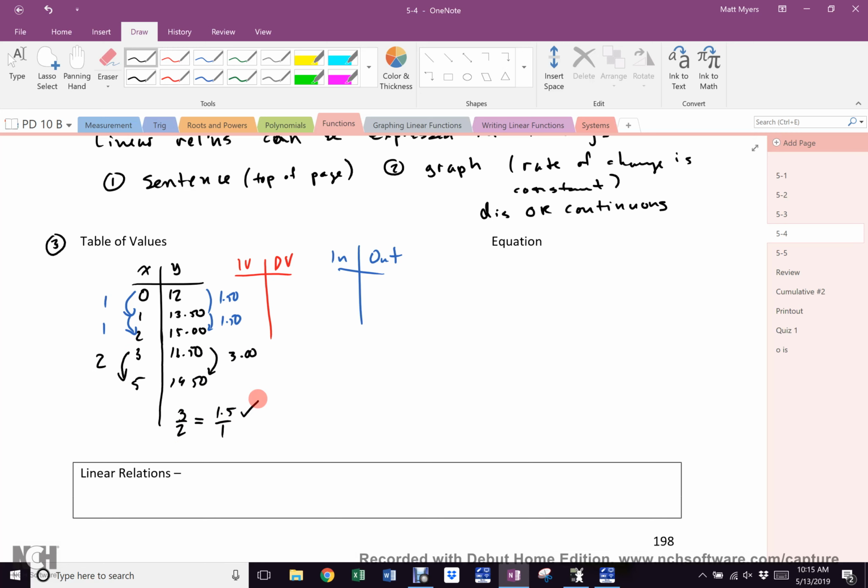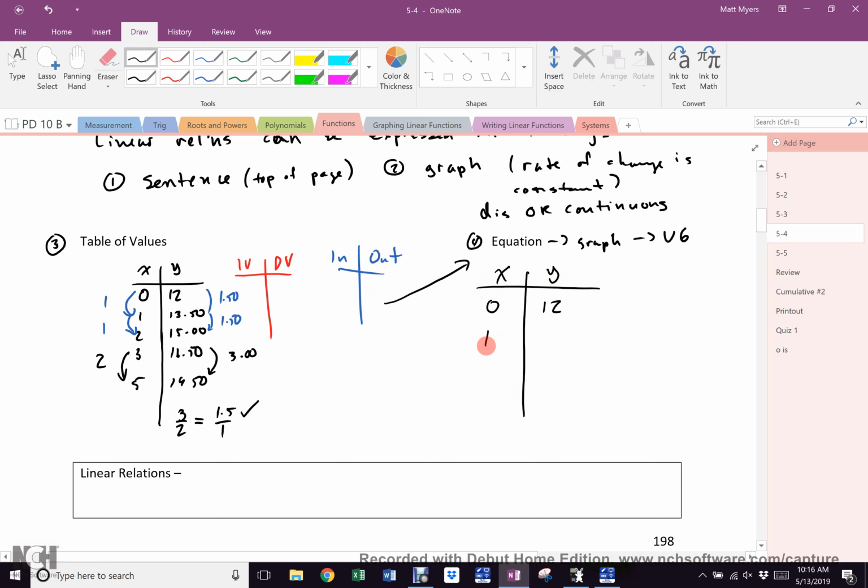Spectacular. And the last way you can do it is an equation. In the next unit, I will show you how to get the equation from a graph. That is Unit 6. But for Unit 5, we get our equations from our table of values. And let's look at how that is done, even though I know you all probably know. 0, 12, 1.